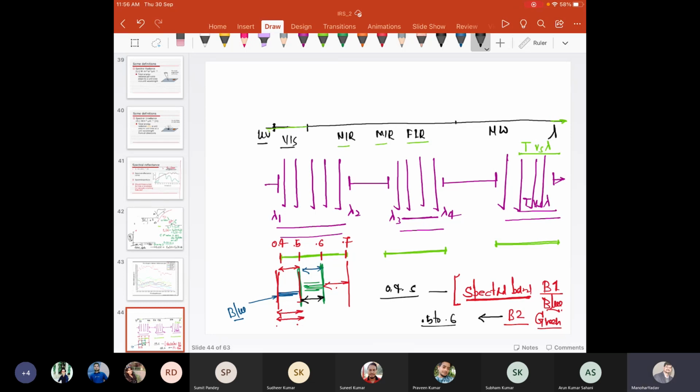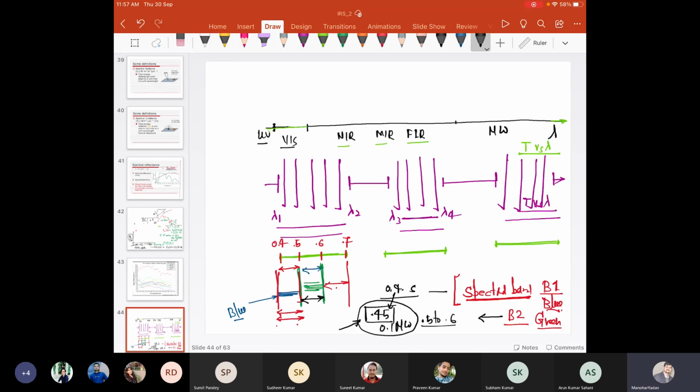It's a range of wavelength, and we also define a central wavelength. This central wavelength could be 0.4 plus 0.5 divided by 2, so it's 0.45. It means a spectral band can also be defined as around 0.45 micrometer and having a bandwidth of 0.1 micrometer.